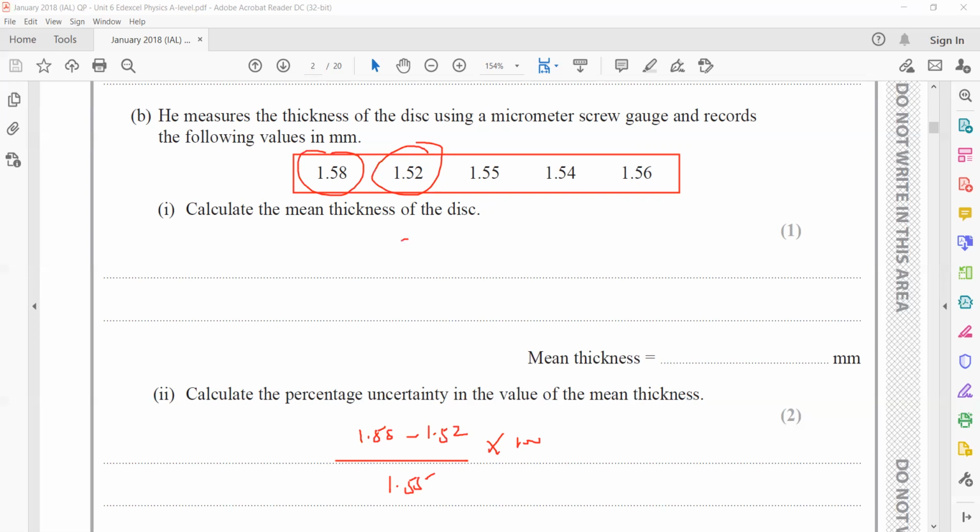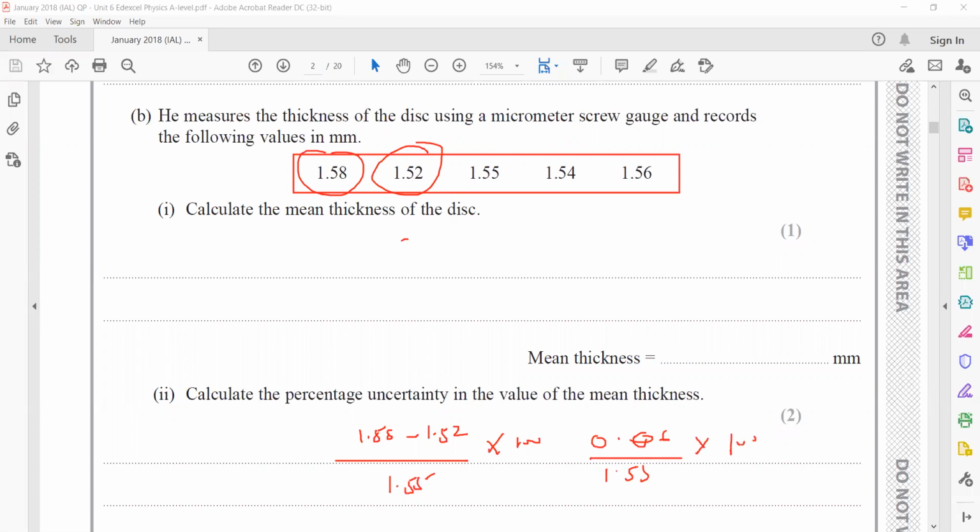What is the answer for this? So 0.06 divided by the average value 1.55 into 100.